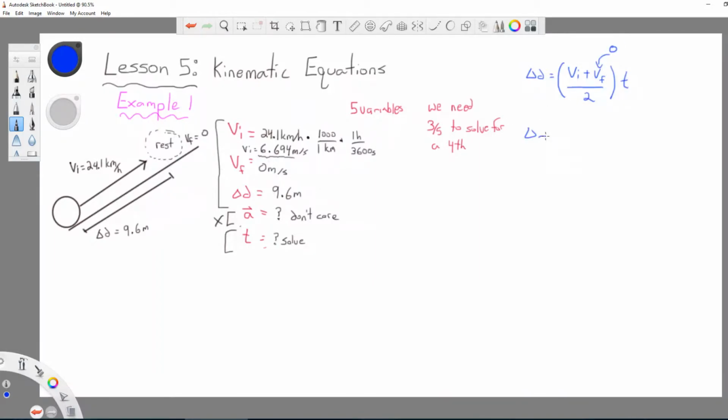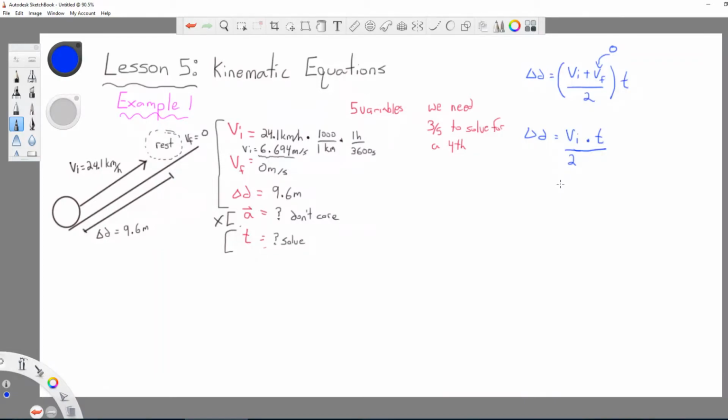So delta D is equal to VI over 2. And now that we don't have an addition term in here, we can just multiply this T to this term. So really we're going to have VI T over 2. In fact, I might just write it that way right now. So VI times T over 2. Excellent.